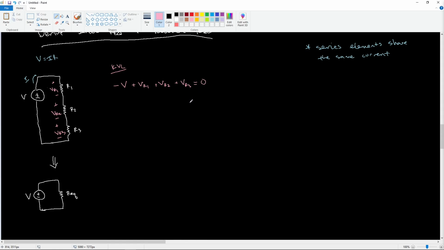Now what we can do is use Ohm's law to rewrite what VR1, VR2, and VR3 are.